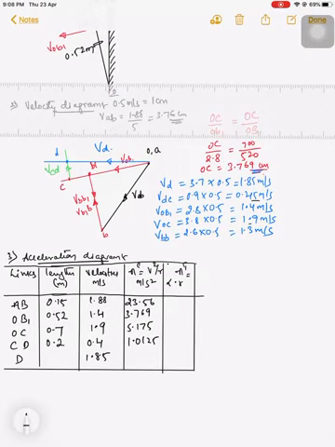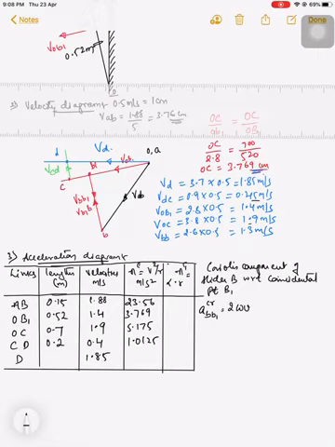So I will find out the Coriolis component of slider B with respect to coincident point B1. This is how it is represented. It is equal to 2 omega V.